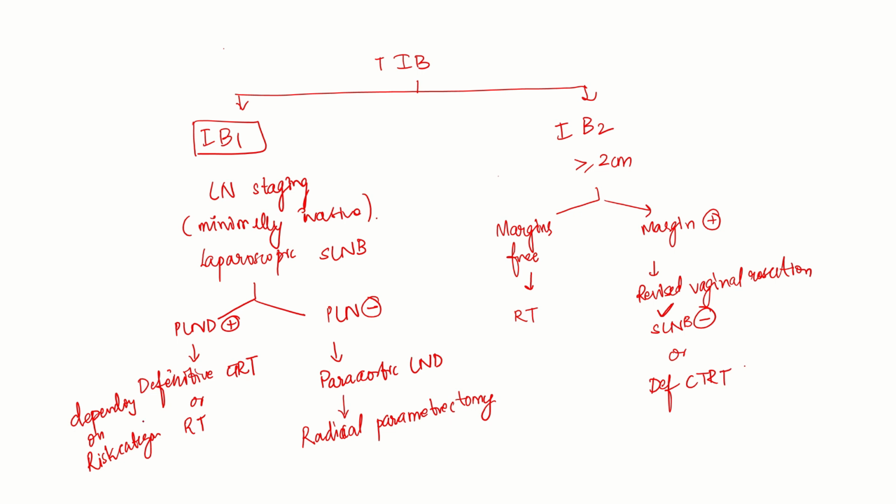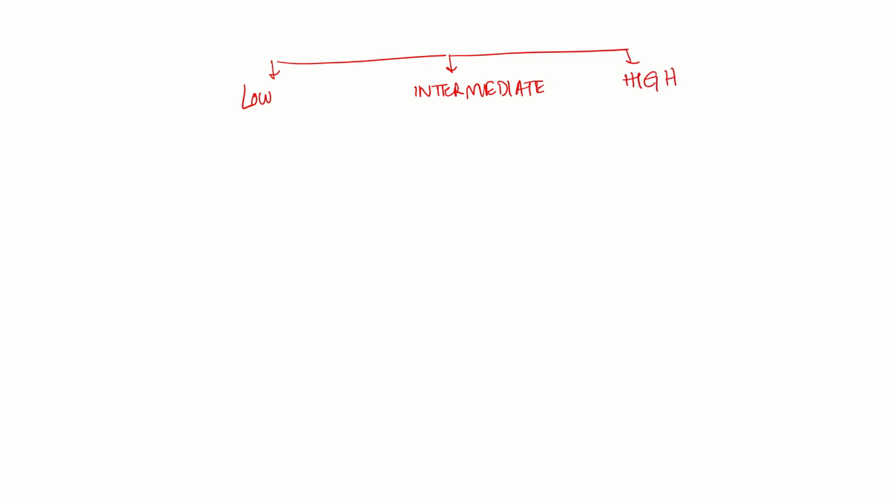So what is this risk group that I'm talking about? There are 3 categories: low risk, intermediate risk, and high risk groups. Intermediate risk depends on size, stromal invasion, and LVSI. If the size is more than or equal to 4 centimeters, or the stromal invasion is more than 50%, or LVSI is positive, as per the Sedlis criteria, these patients are candidates for RT.